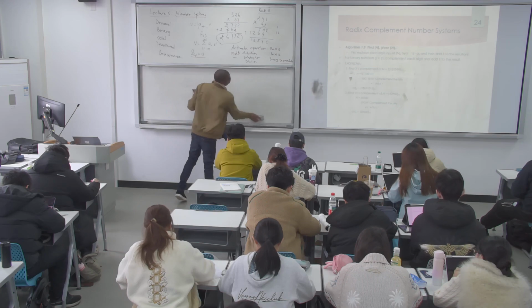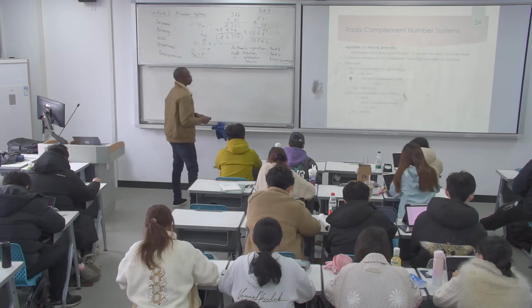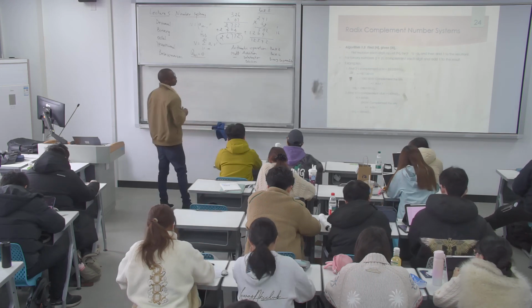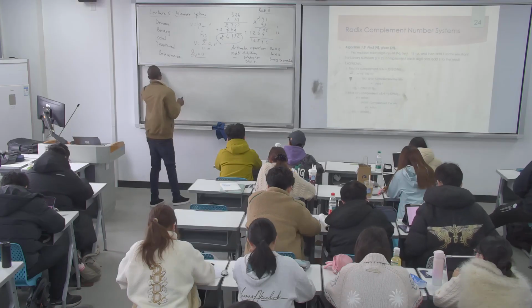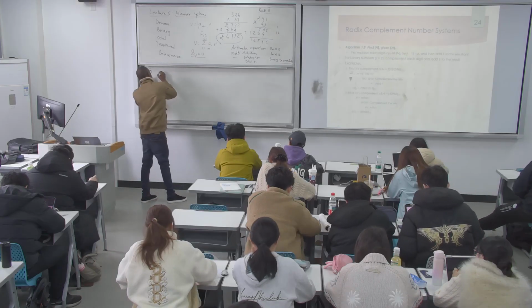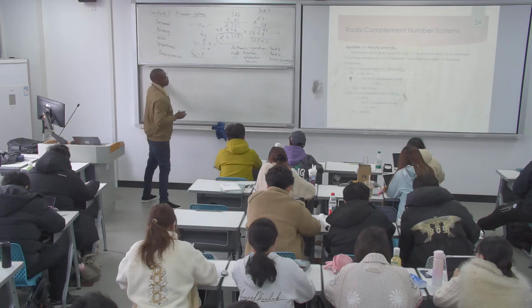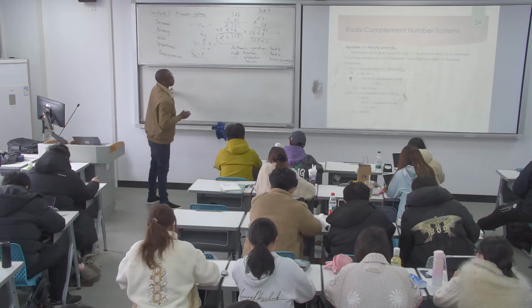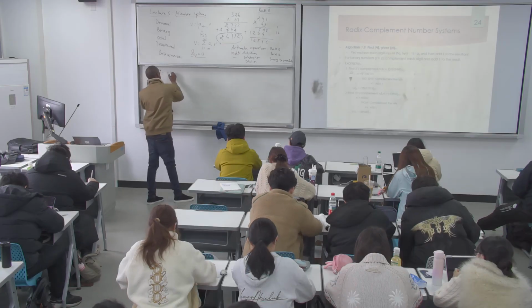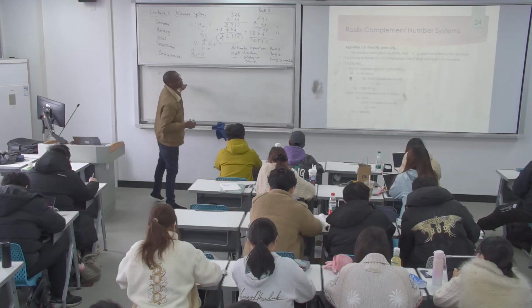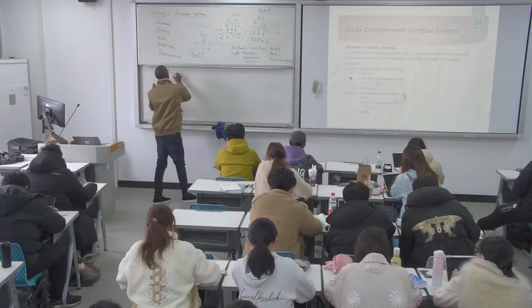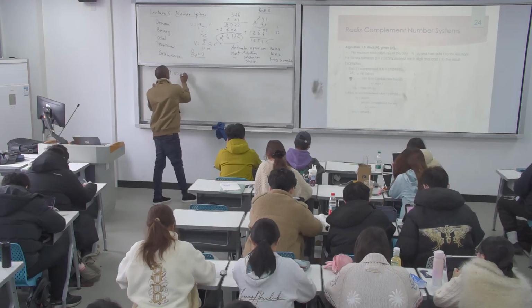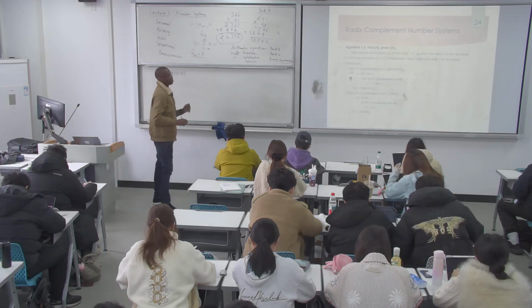So we have this number. We have n equals 0, 1, 1, 0, 1, 1, 0, 0, 1, 0, 1. This is the number that we have.